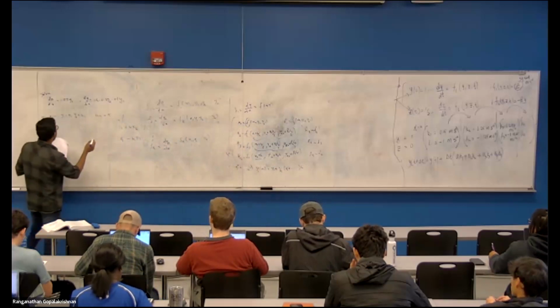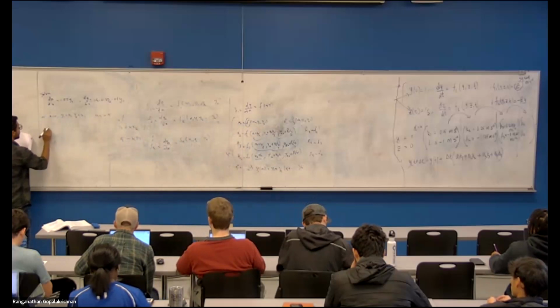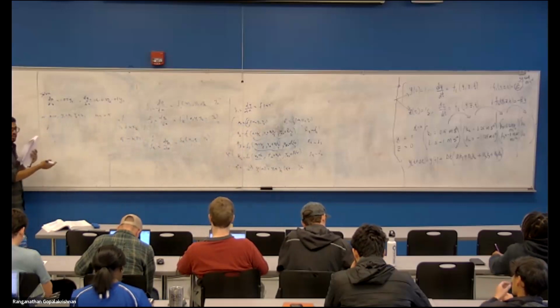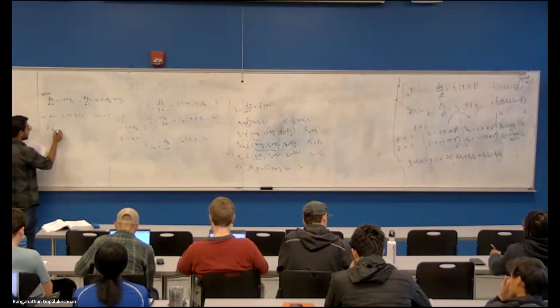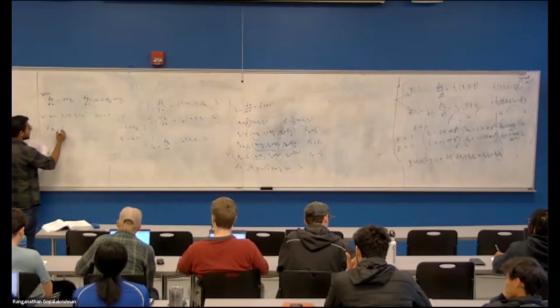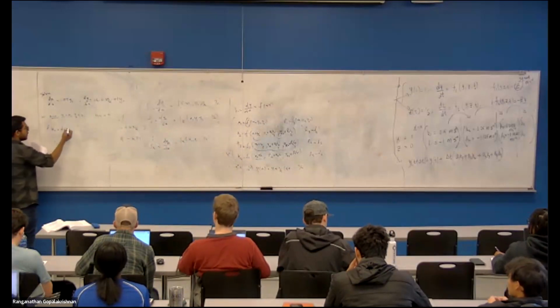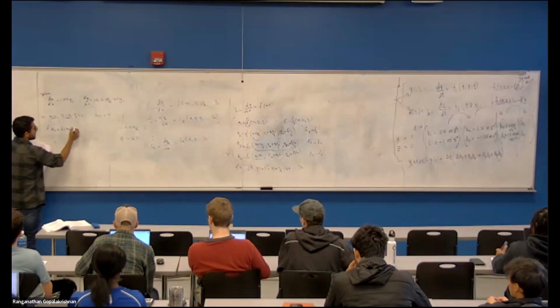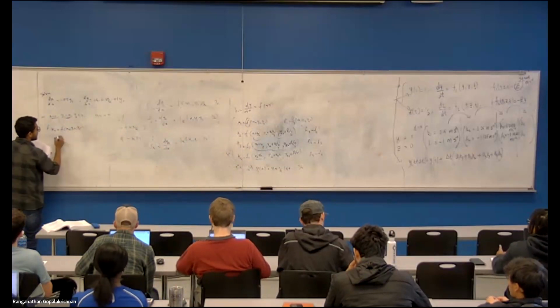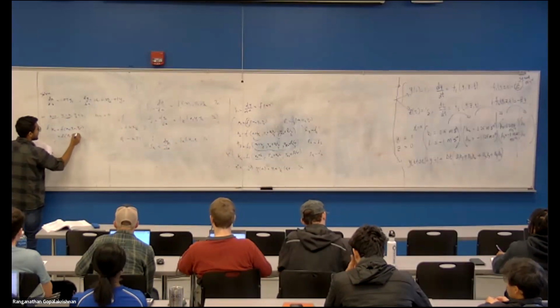So here we have to find K1 to K4 and L1 to L4, right? So what is K1? K1 is simply f of x0, which is the initial point, right? X0, y10 and y20, which is f of 0, 4, 6, right?